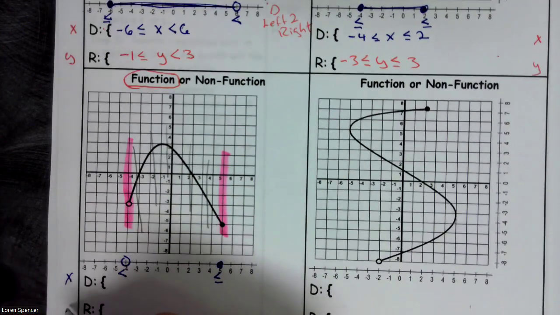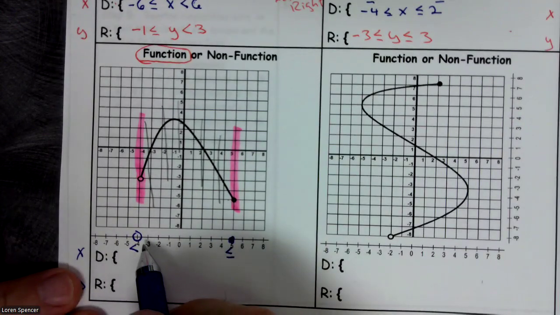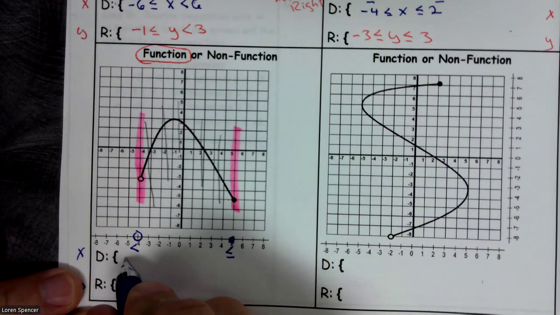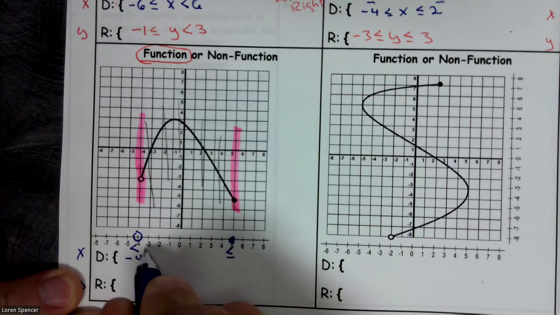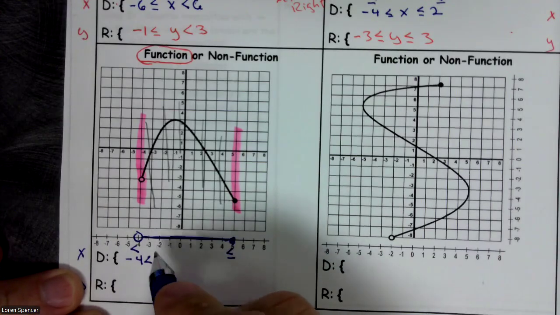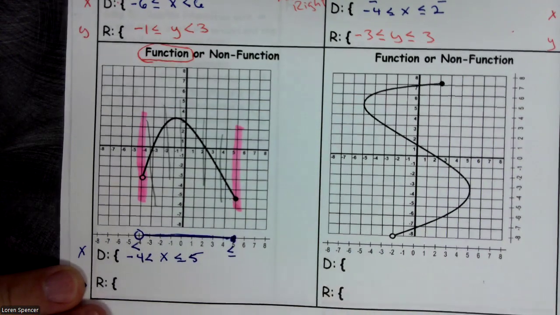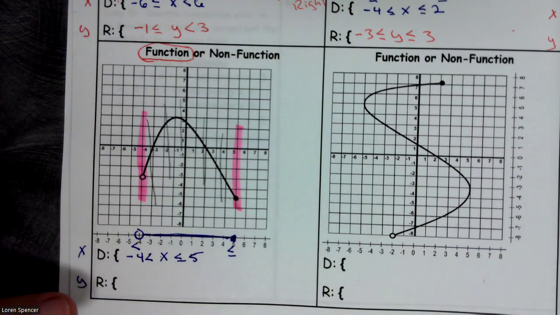Remember, domain is the x's, range is the y's. So our domain is -4 less than x less than or equal to 5. We're interested in this area right here. All right, the next one, our range.